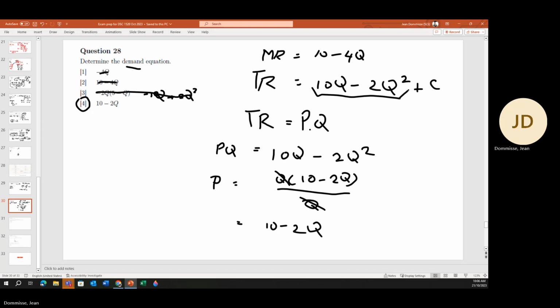Okay, and then just remember, and it's very easy to forget when you see this total revenue curve or function, that there is actually another total revenue curve, which is P times Q. So I think that is the important thing to look at, that you nearly have all the formulas.